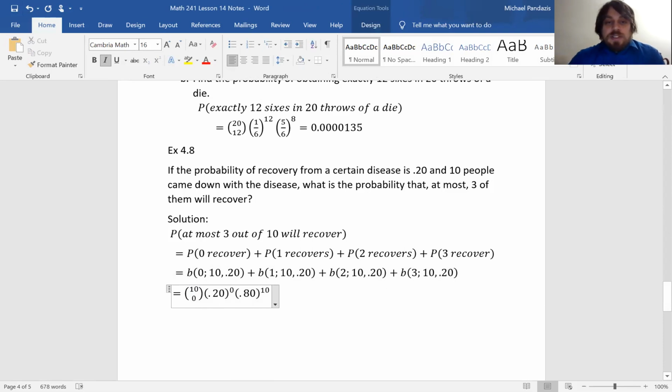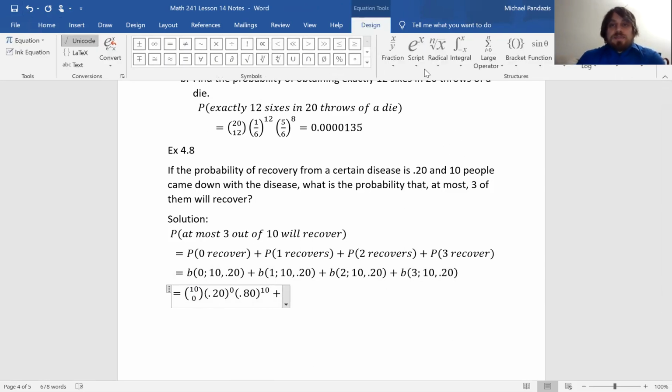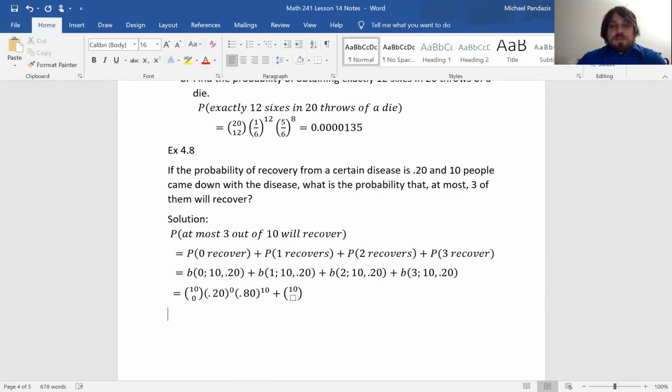Okay, the next one, plus, now it's 10 choose 1. So you have 10 choose 1, and then 0.20 raised to the first power times 0.80 raised to the 9th power.